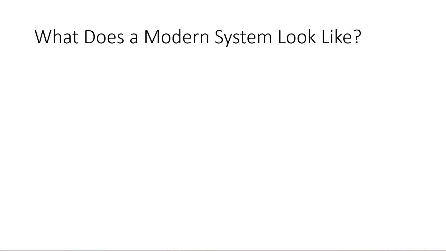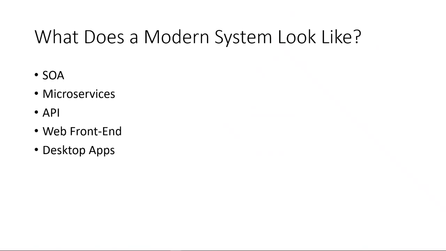Okay, so I thought we'd start by talking about what a modern system looks like. This is the sort of thing that you come into a new company, you've started as a developer, and they start showing you around the architecture. Might be service orientated. They might have some microservices in there. They're very likely to have a couple of APIs, a web front end, and they may have some desktop apps or mobile apps.